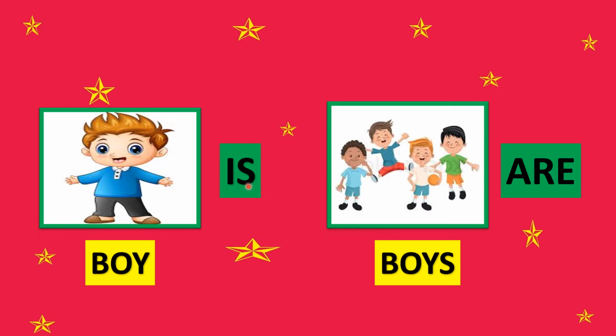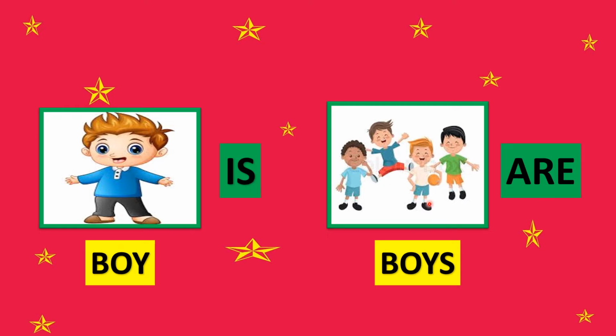I-S, is. Is means only one. Okay? If the noun, if the word is only one with no S, then what we have to use? We have to use "is". I-S, is.